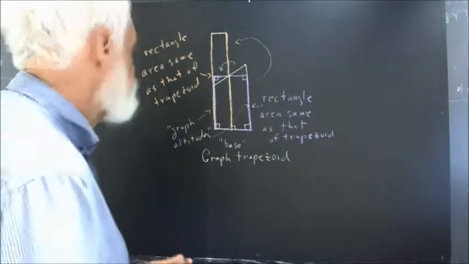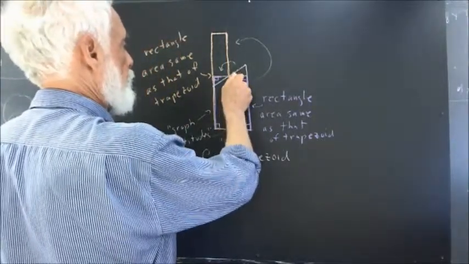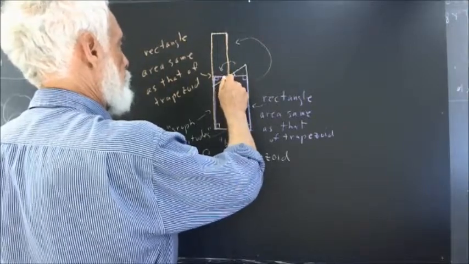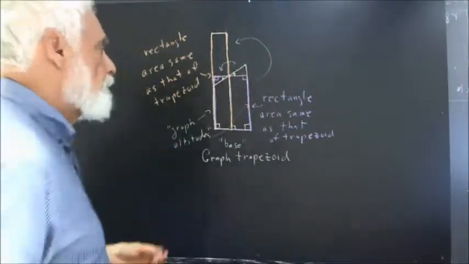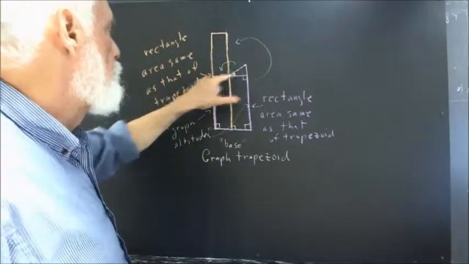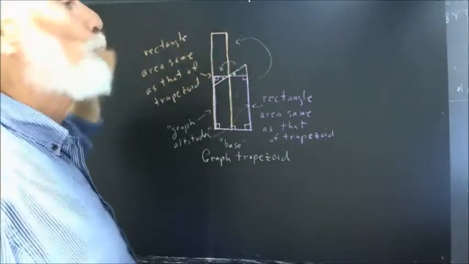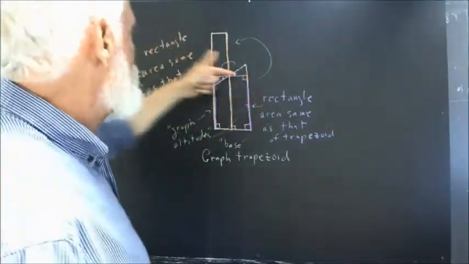Now, I don't really have room to write it, but I've indicated the angle here and the angle here are the same because it's simply a transversal of two straight lines, alternate interior angles.